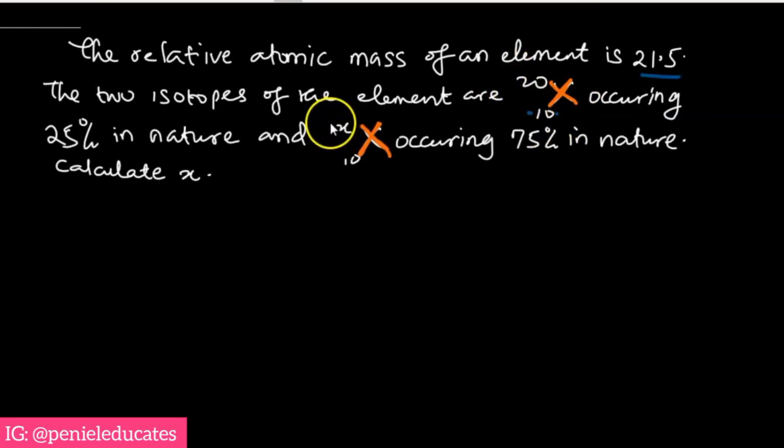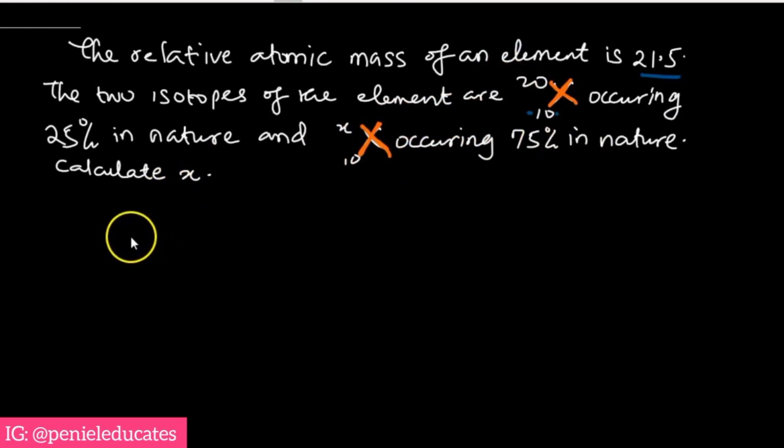So we have to calculate x, which is the atomic mass of this particular x. We are given two isotopes, 20 10 and this other one x 10. This particular one is 25% in nature, that is the abundance, and this one is 75% in nature. We have to calculate x.